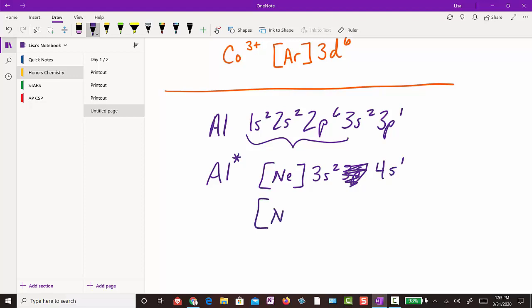Or maybe it's 3s1, 3p2. So we're just promoting an electron from its ground state orbital to an orbital in a higher energy level.